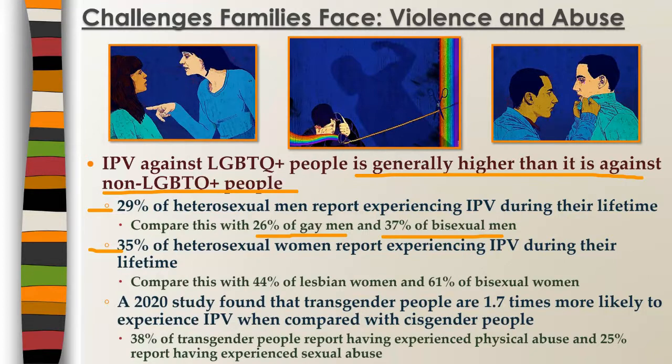Compare that with 44% of lesbian women, 61% of bisexual women. And in 2020, there was a study that found that transgender people are 1.7 times more likely to experience IPV compared to cisgender people.